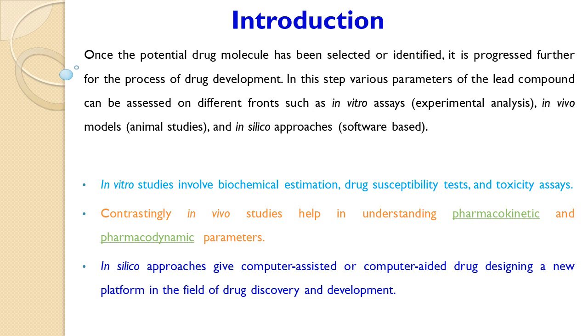In vivo studies help in understanding pharmacokinetic and pharmacodynamic parameters, whereas in silico approaches give computer assisted or computer aided drug designing, a new platform in the field of drug discovery and development process.